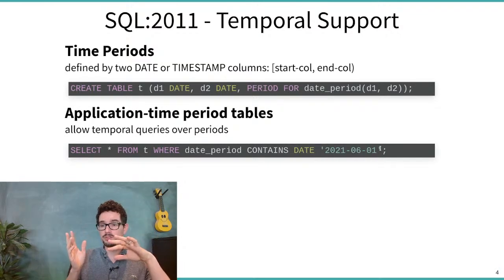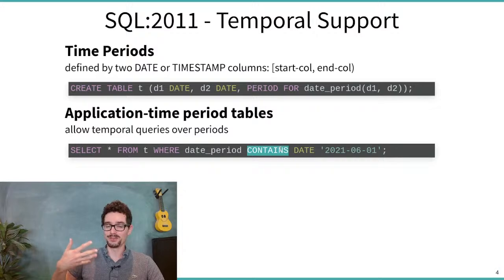Does it include the start or the end or not? And here the database does this for you. So you really do not need to care if it's an open or closed interval. It translates this contains query on the period into a predicate on the two date or timestamp columns that define the period.